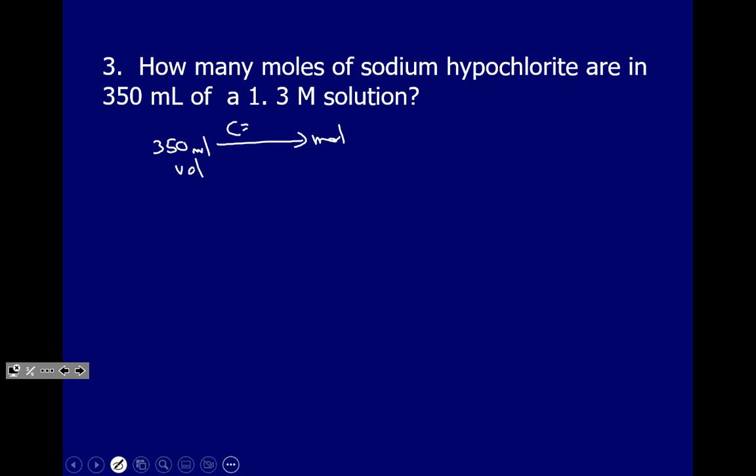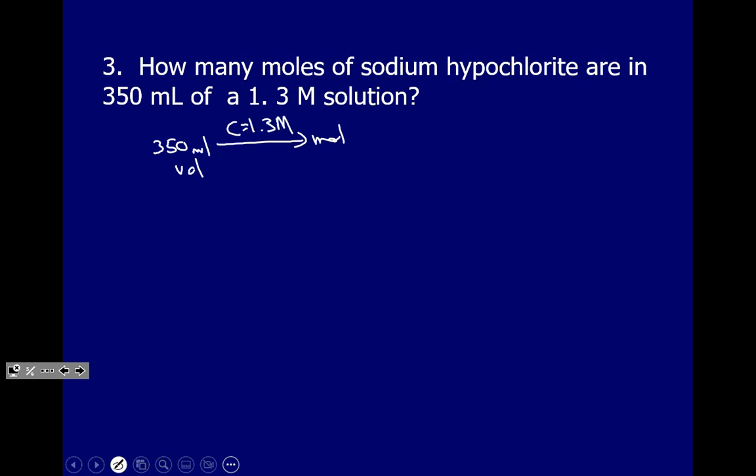So the concentration is like a molar mass. It allows me to find volume or moles depending on what I'm given. But it's slightly different than molar mass. Notice in the question, I have to tell you what the concentration is. I have to tell you that it's 1.3 moles per liter.